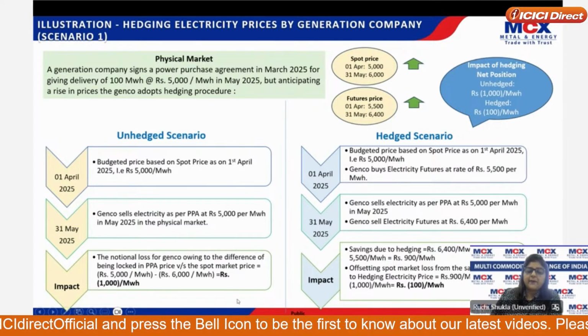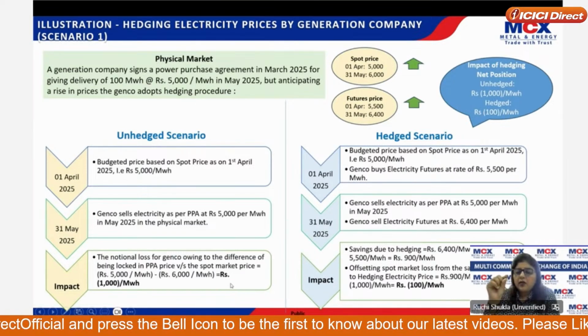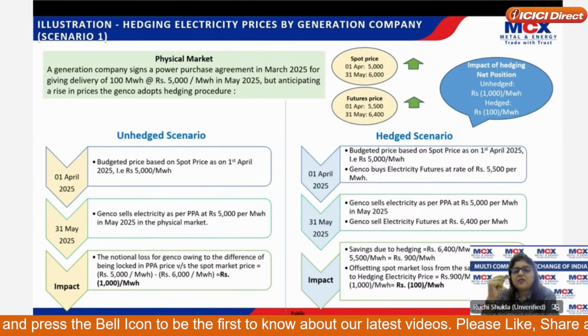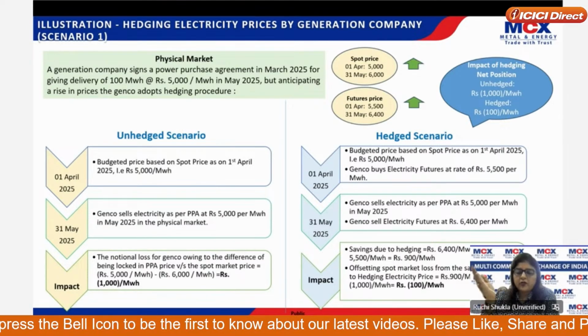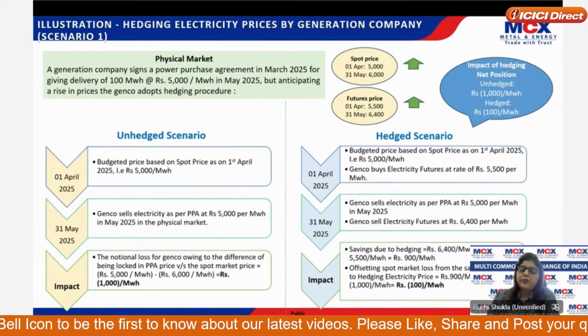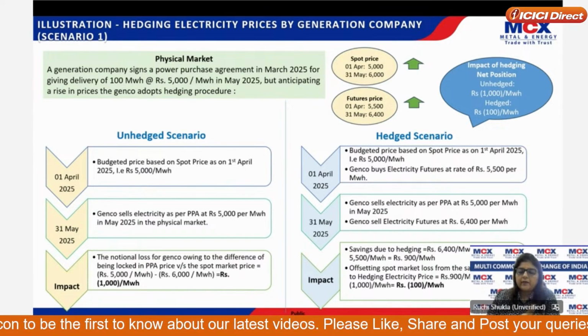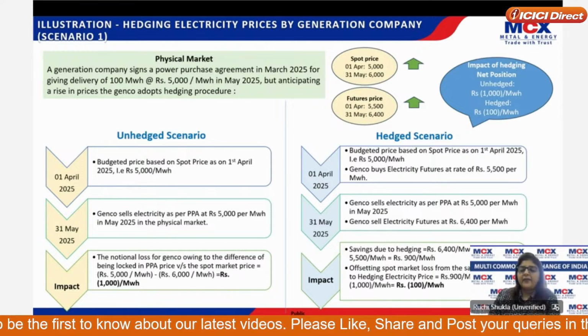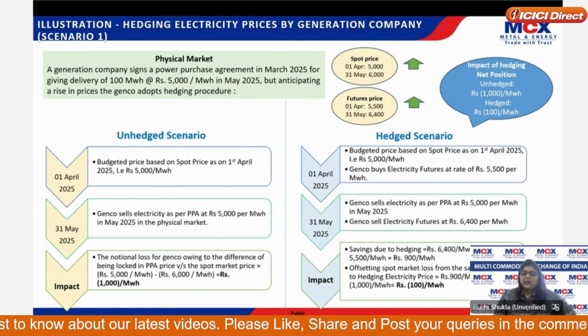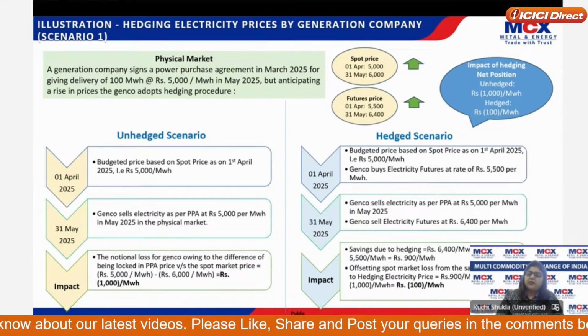What is the impact? Suppose during this month of May, while they're supplying, the price on 1st April was 100 into 5,000. But by the end of May, the prices go up to rupees 6,000 per megawatt. Now, we may say the generator would have accounted for its profit and margins and supplied at 5,000.